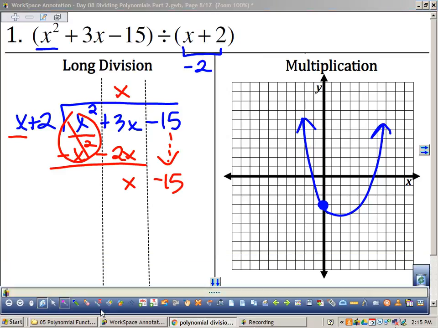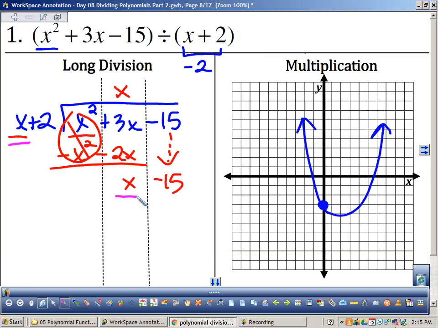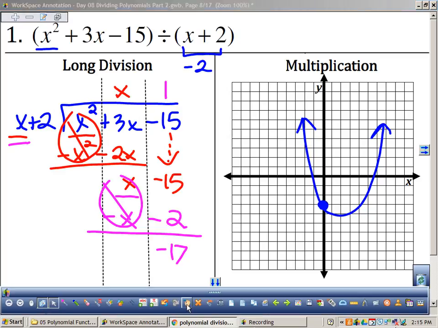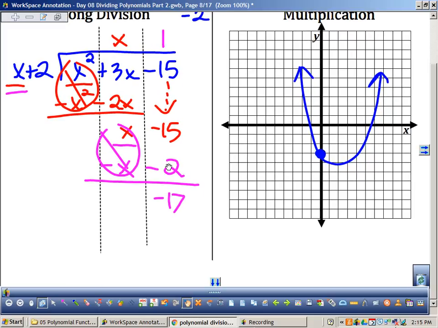I ask myself again, x times what makes x? 1 does. 1 times 2 is 2. 1 times x is x. Draw the line. Change the sign. This goes away. I'm left with negative 17. This is how I will expect you to write it. This is what this means.